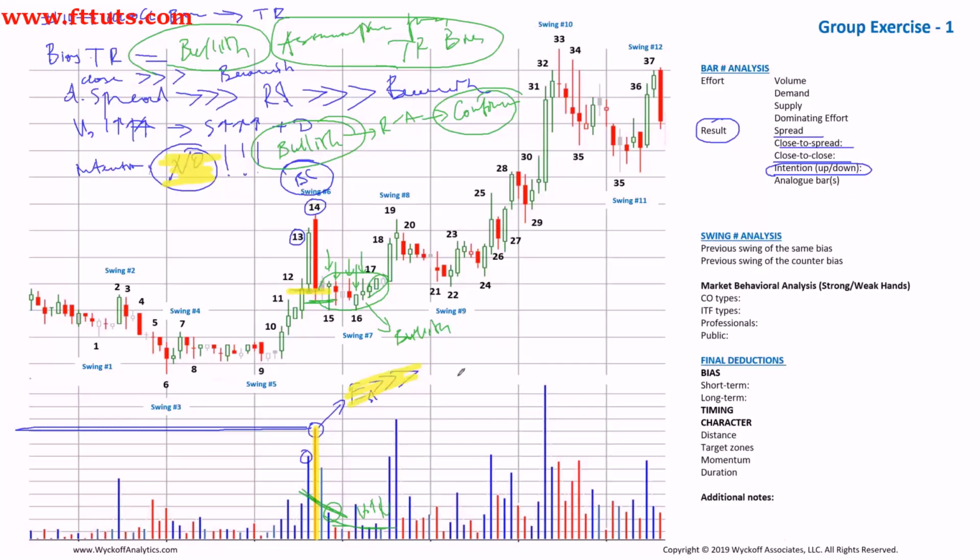So that all suggests a couple of things. As I mentioned, attempt to go down, failure, absorption of the supply, and a period that it takes to absorb this supply.